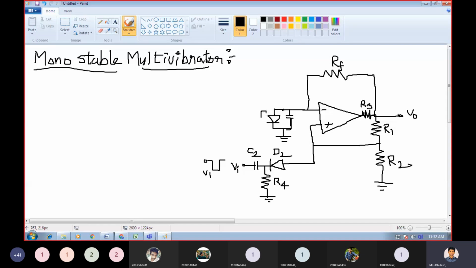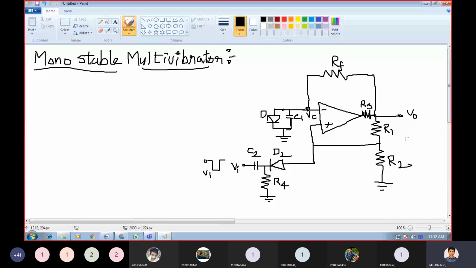This is D1 and C1. This node indicates the VC node. Okay, up to now clear.